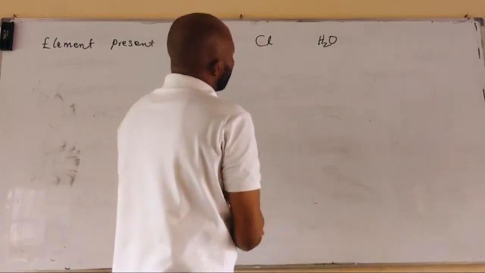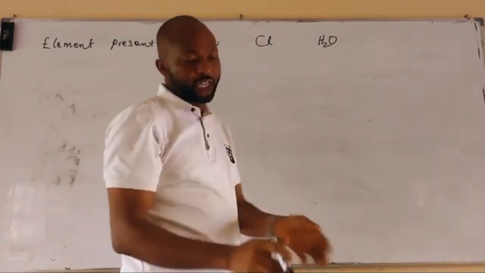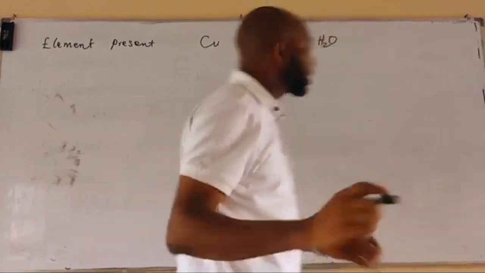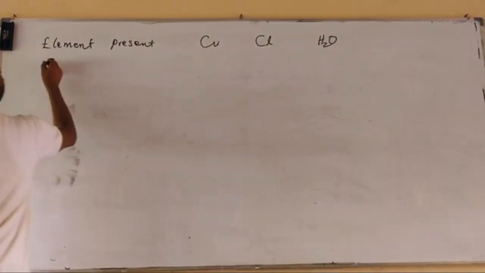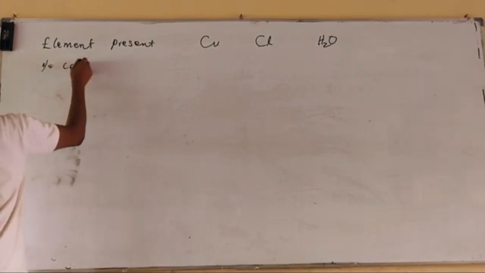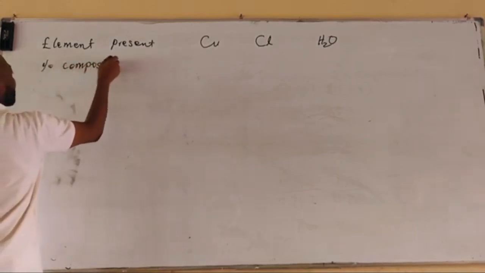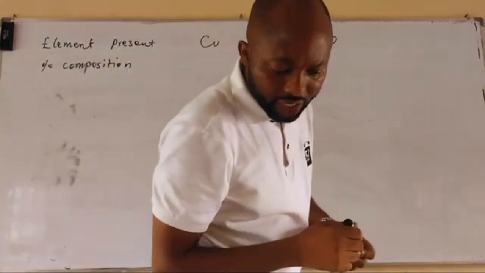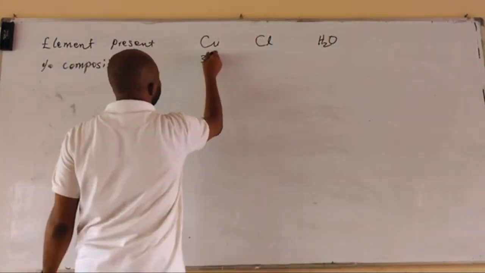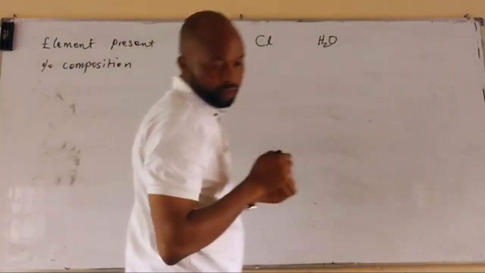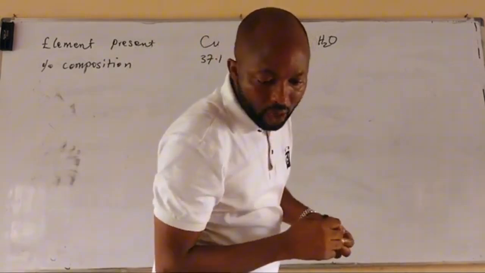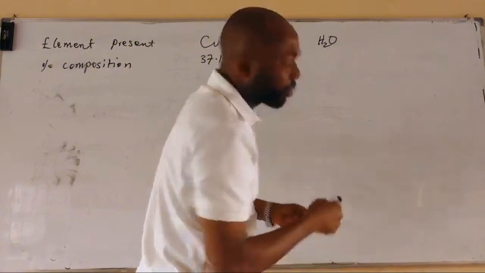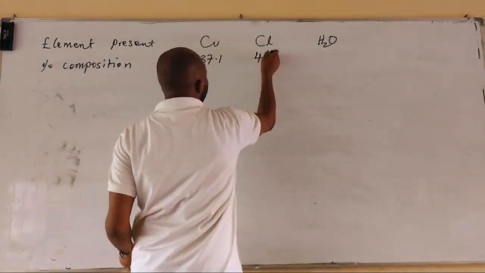Okay. Now, let us put in the variables. Percentage composition, the next thing. Copper is 37.1. Chlorine is 41.7.